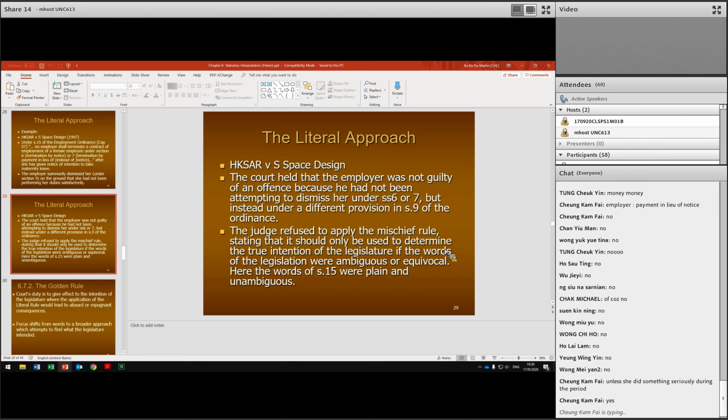Mischief rule means look at the purpose. So can you guess what was the purpose of Section 15?